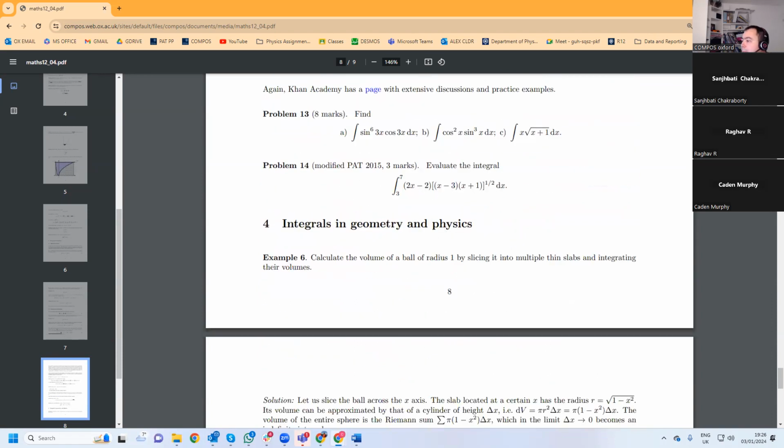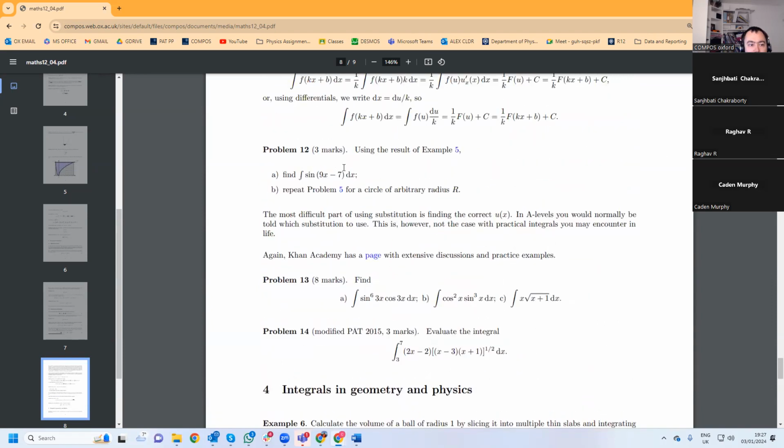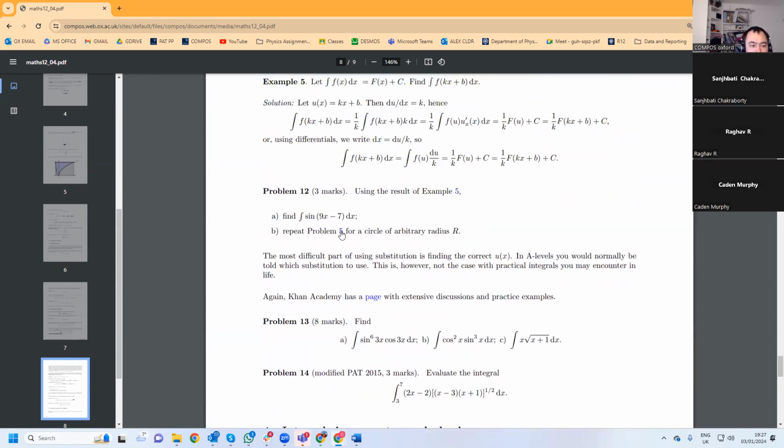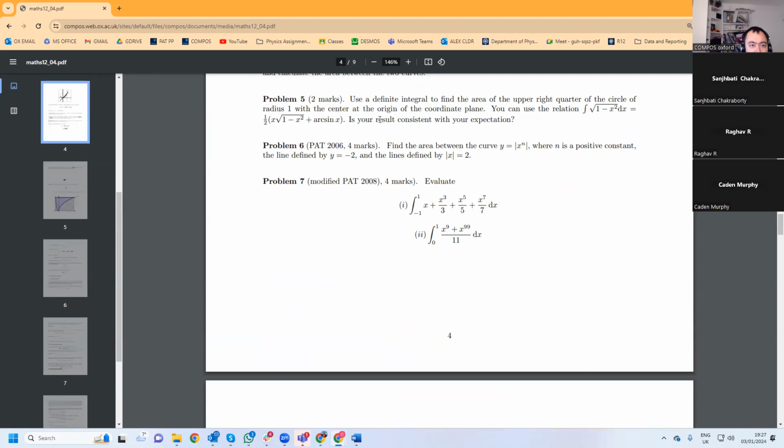For 12B, problem 5. Oh, all right, quarter of a circle.